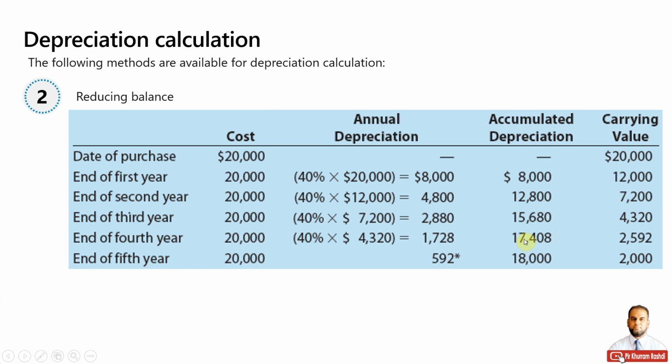So definitely, if you subtract this from 20,000, the net book value is $2,592. So we can only depreciate this further by the value of 592, because 2,000 needs to be a residual value. So that's why this 592 without any formula. So this is the reducing balance way, how this is calculated.